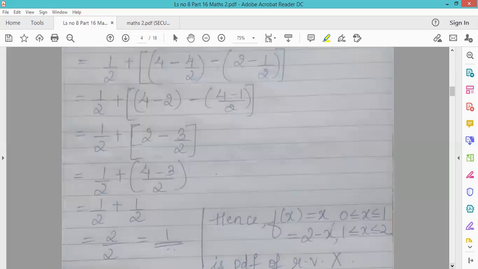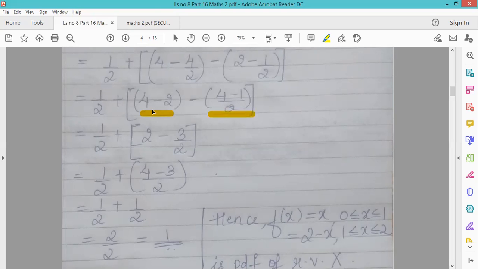So on solving this further, you get these values, which is half minus 0 gives you half. 2 square gives you 4, minus 4 upon 2, minus 2 minus 1 upon 2. So on cancelling, 2 ones are 2, 2 twos are 4. I get 4 minus 2. And over here, I've done cross multiply, or rationalizing the denominator. 2 twos are 4 minus 1 upon 2.